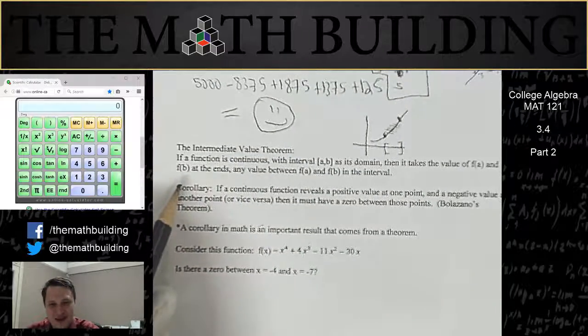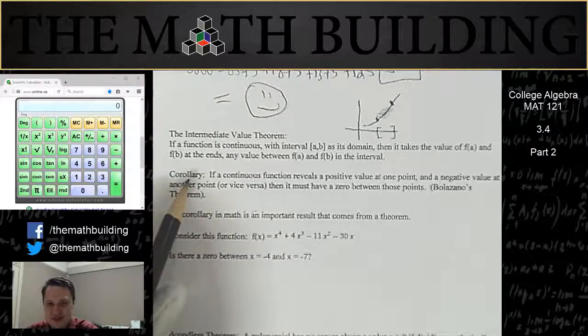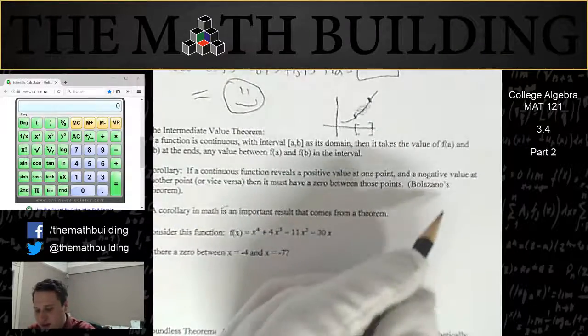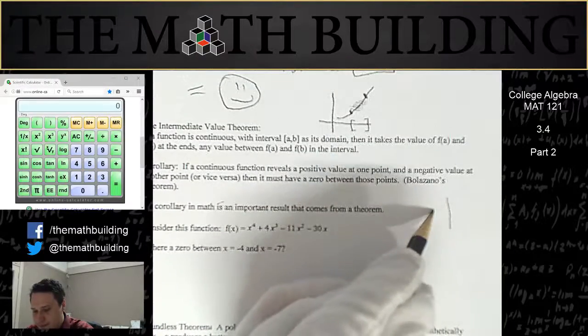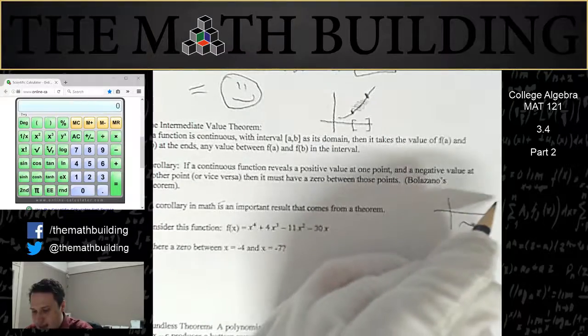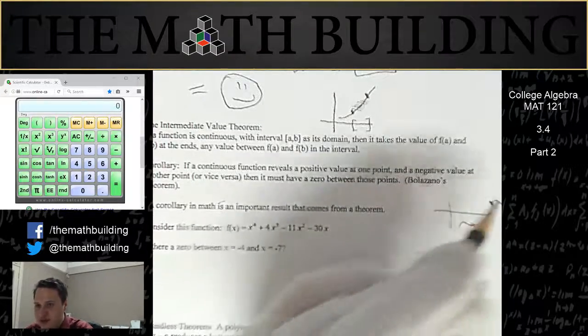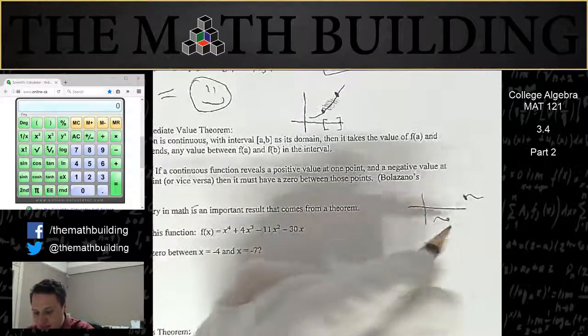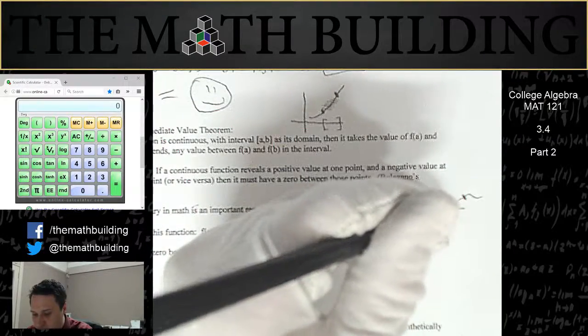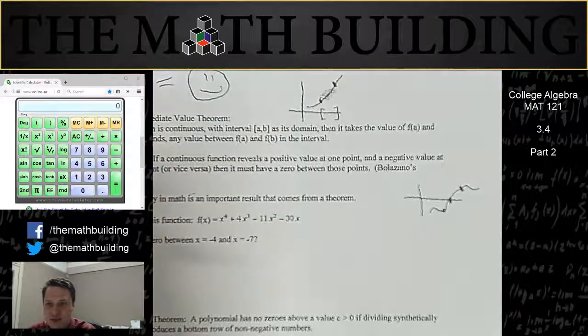A corollary of the intermediate value theorem is that if at some point the graph is negative, and at a later point the graph is positive, then if this is a continuous function, that means you need to have a zero somewhere in between those two points.